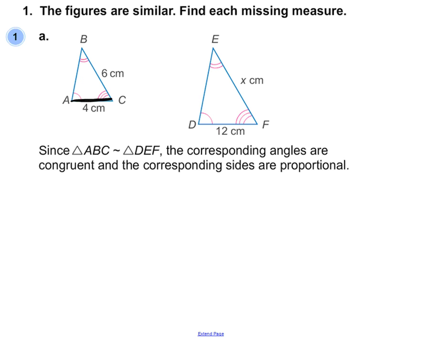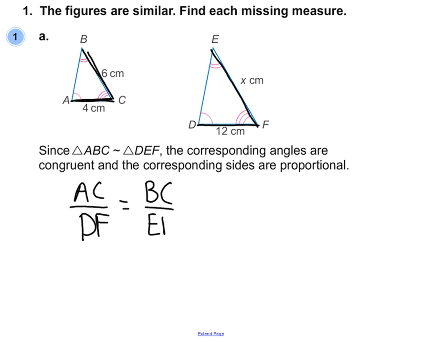So I know that AC corresponds to DF, and I know that BC corresponds to EF. Okay? So I think it'll be a little easier if I highlight that for you.